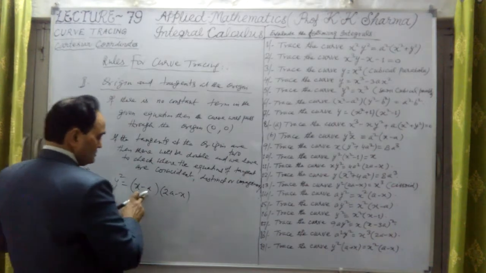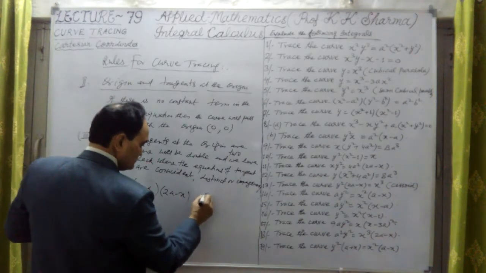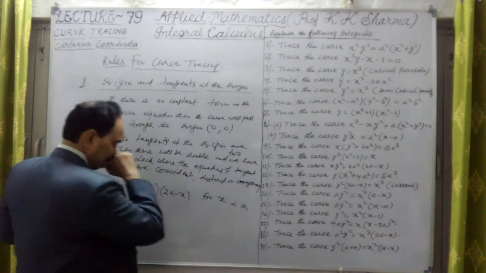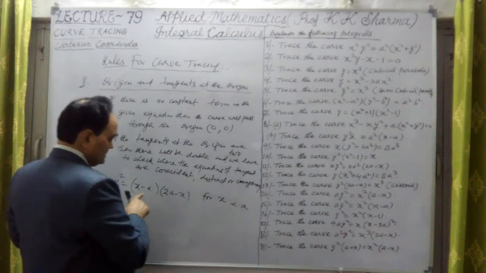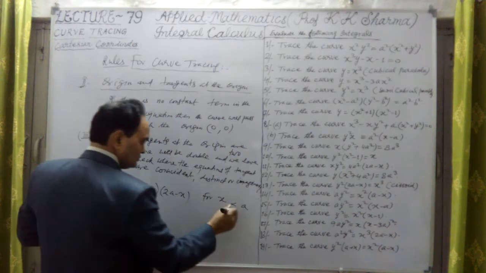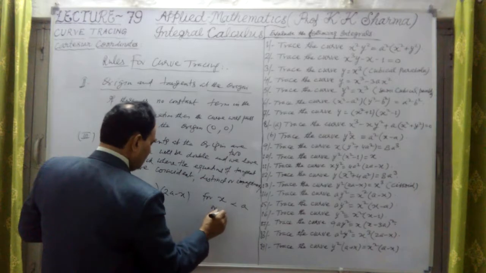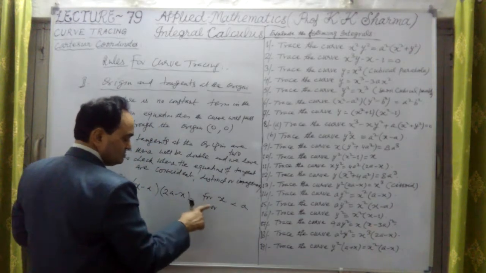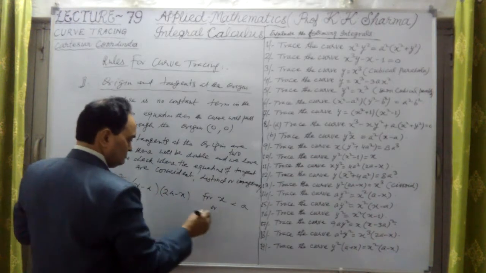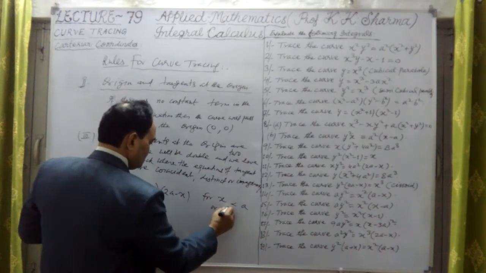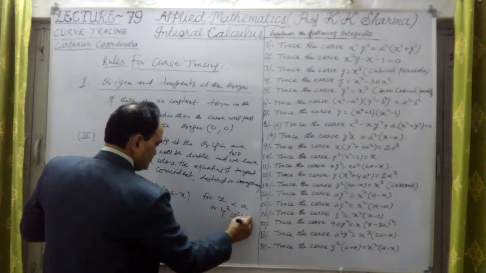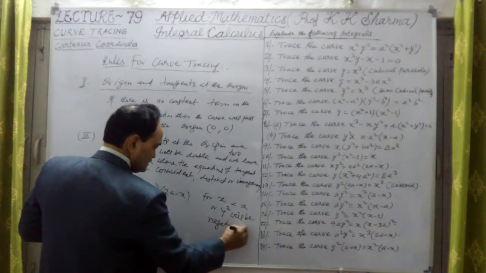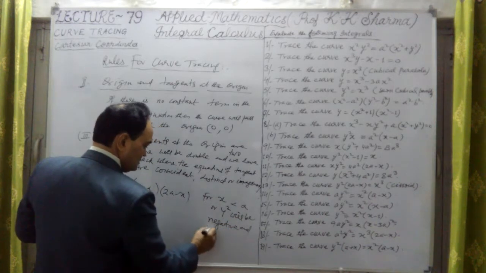So it means here for x less than a, if I take x less than a, that means this value will be negative, or y square will be negative, and is not defined.